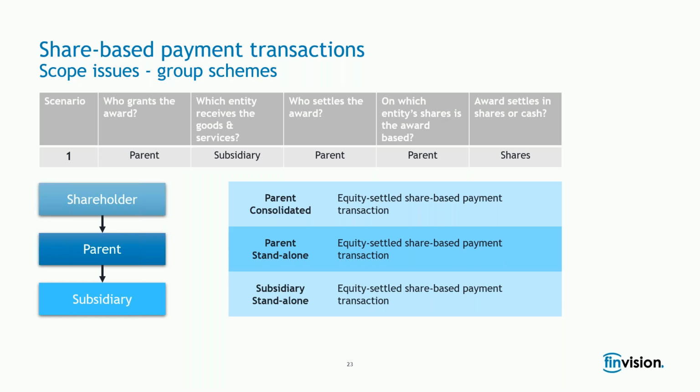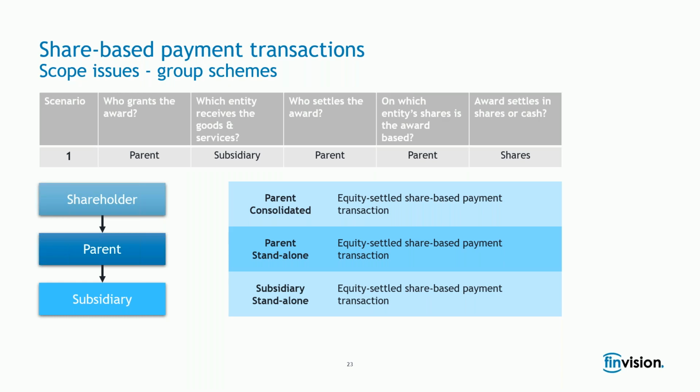Here we have 5 or 6 examples, I think, where we have made it a little bit more difficult. For example, in our first example, we have a parent company with a subsidiary, but the parent is granting the share option plans. They will also be settling those plans at the end of the period, but the goods and services for whom they are granting these plans are actually not received by the parent, but by the subsidiary.